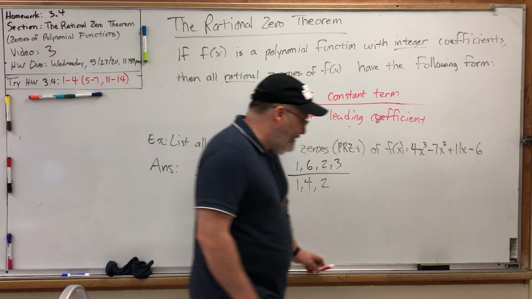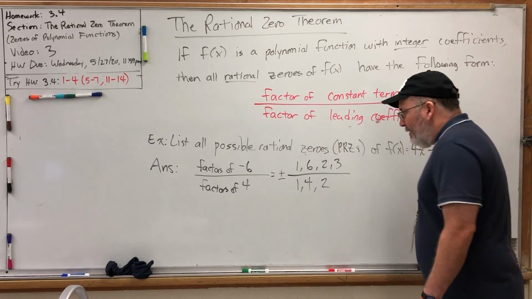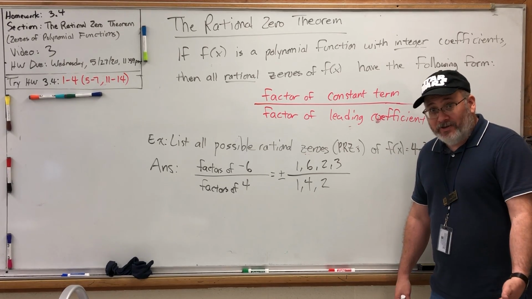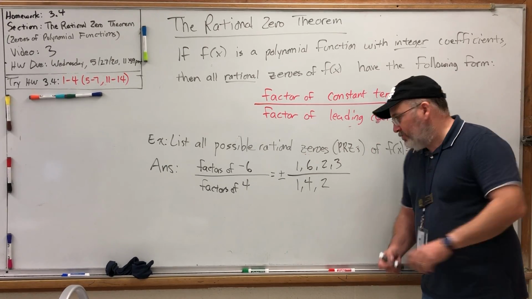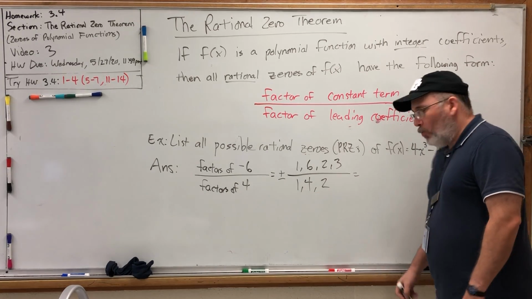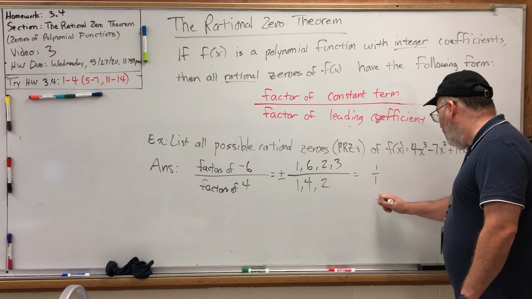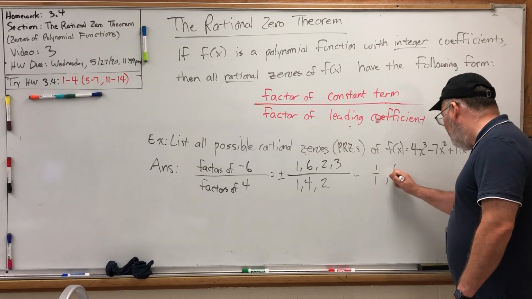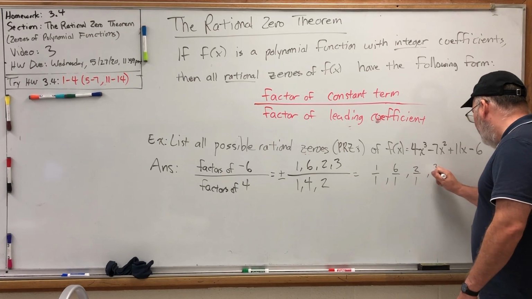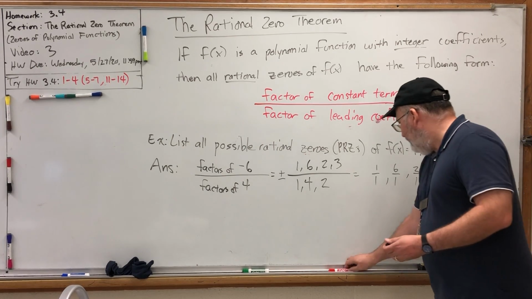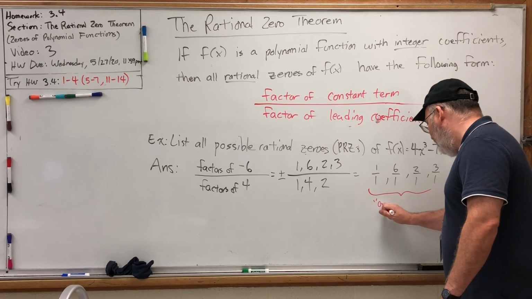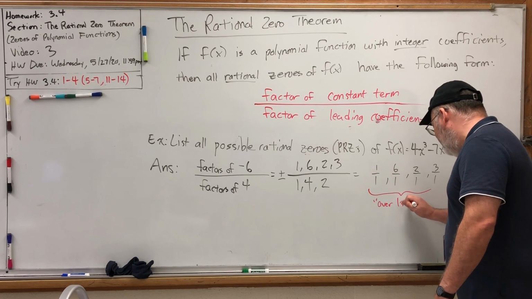Well, we'll use a technique that I teach every time I do this section, where we're going to pick one denominator at a time and then go through all the numerators. For example, let's make every possible fraction over 1. 1 over 1, 6 over 1, 2 over 1, 3 over 1. These are what I refer to as the over 1s, because they're all over 1.